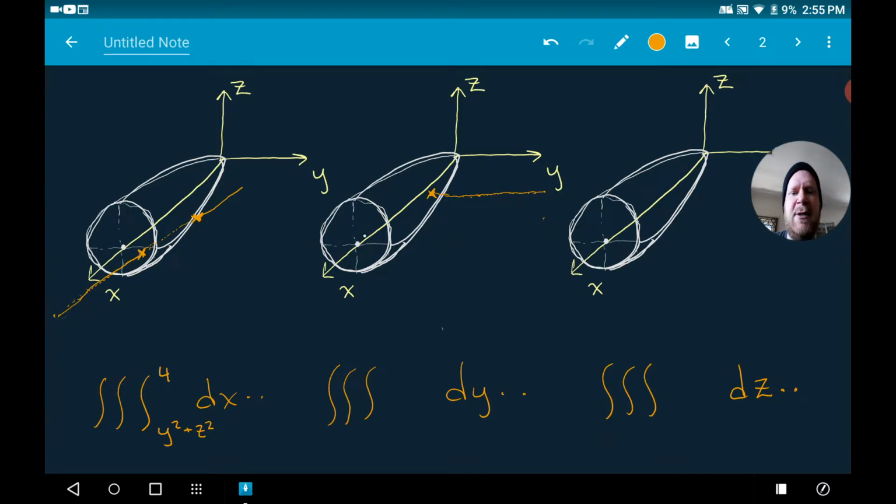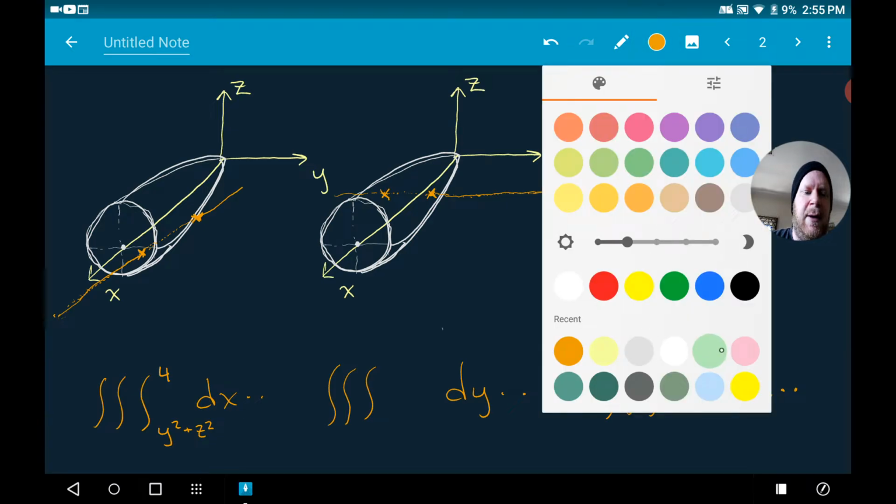It never passes through the plane. It's sort of parallel with the plane. But it hits the right-hand side of the paraboloid first. And then the second thing it hits is the left-hand side of the paraboloid.